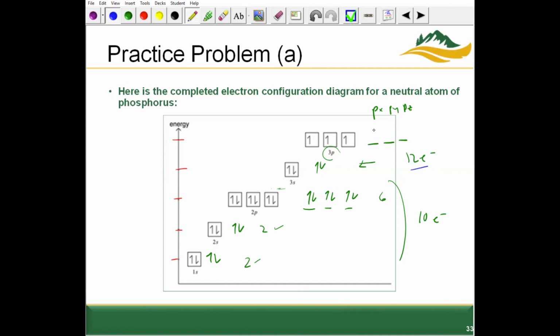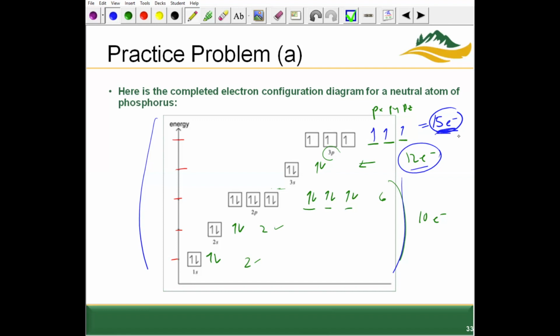In this case, we'll fill in 1, 2, 3. We don't need to pair any of these because now we've reached 15 electrons, the total number of electrons for phosphorus. This is our final correct answer to fill in this box diagram for the 15 electrons for phosphorus.